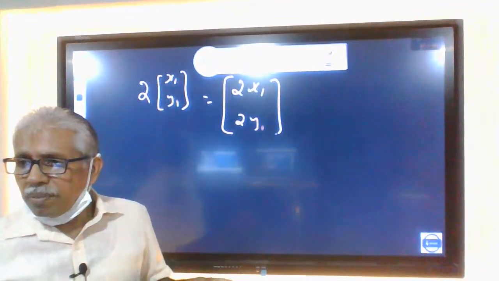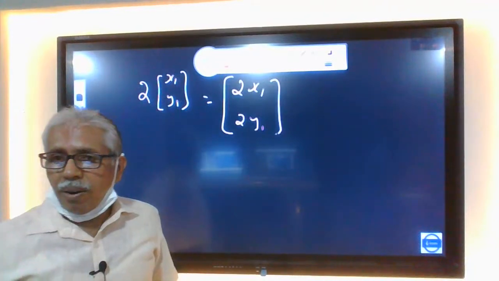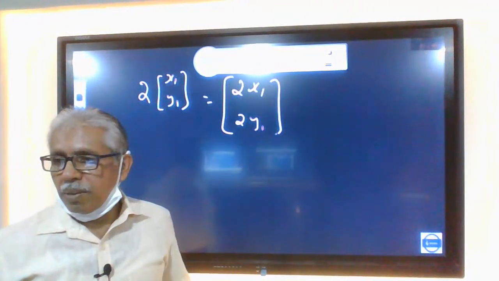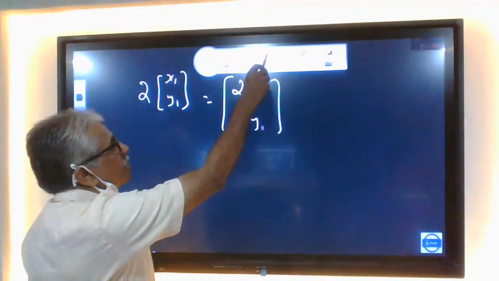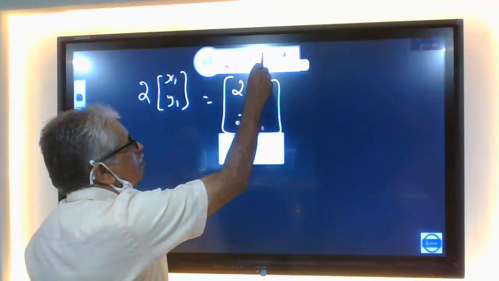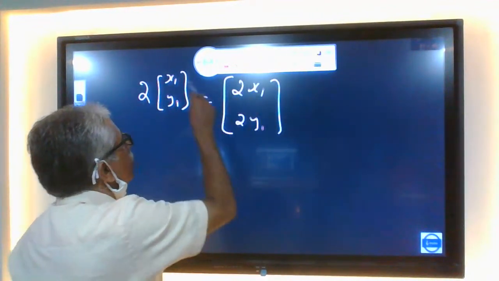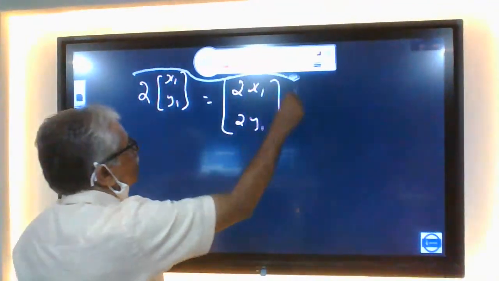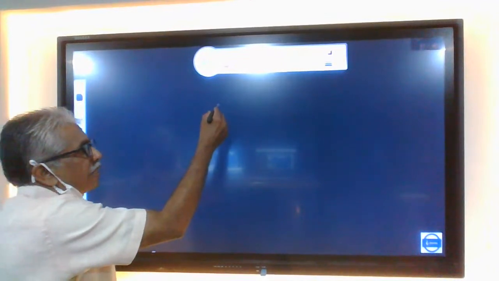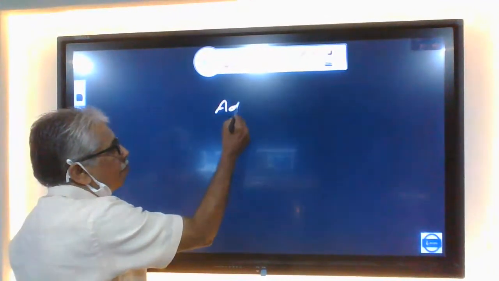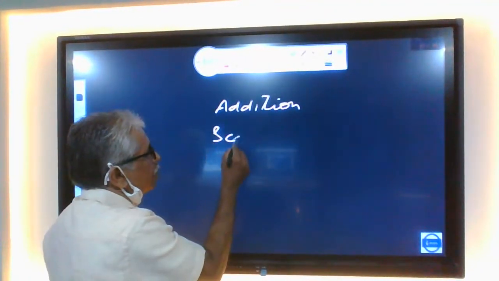So here, the multiplication is done on each coordinate. The two processes we have defined on sets of points in R2 or R3 are addition and scalar multiplication.